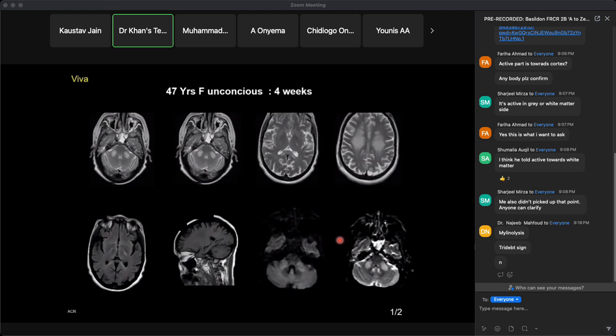There is diffuse hyperintensity in the central white matter of the centrum semiovale, and symmetrical hyperintensity in the, are those the middle cerebellar peduncles? Excellent. So middle cerebellar peduncles.